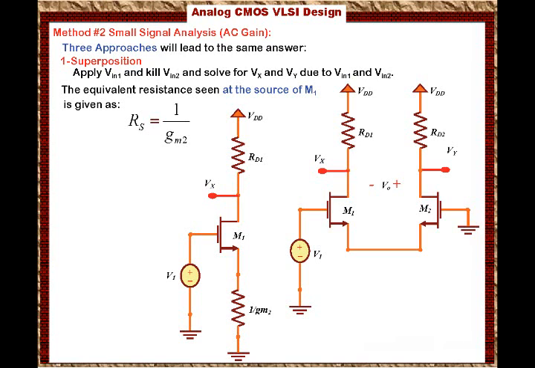We can solve for Vx very easily because the circuit is a common source amplifier with a degenerated resistor in the source. We know the output voltage of the circuit, which is Vx due to V1, is basically minus the top resistance over the bottom resistance times the input voltage, so that is minus Rd1 over 1 over Gm1 plus 1 over Gm2 times Vn1.